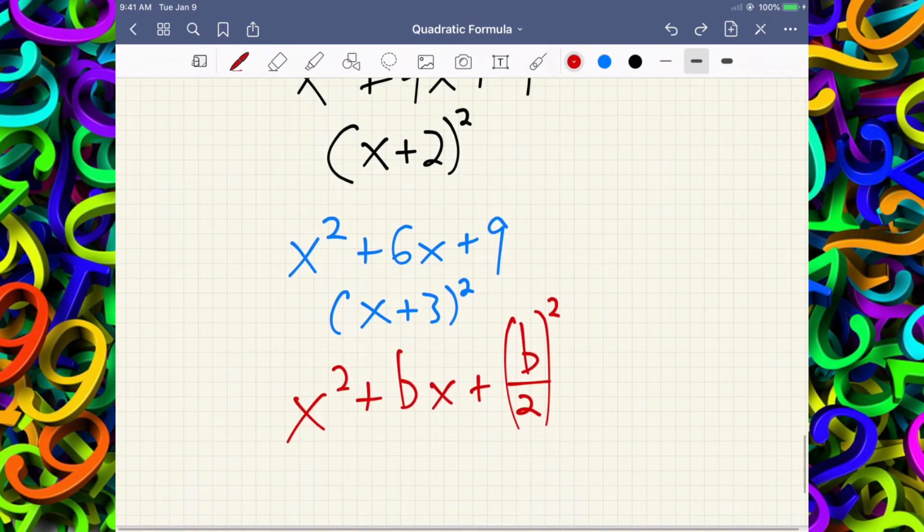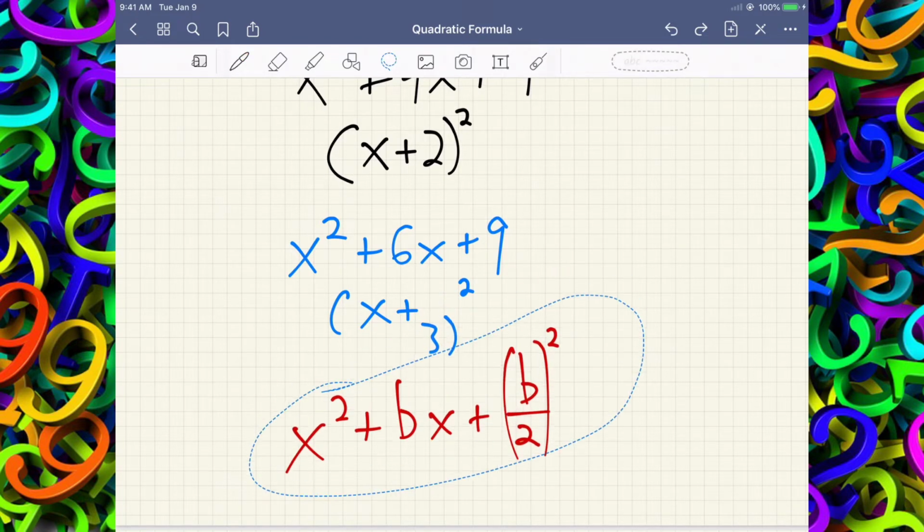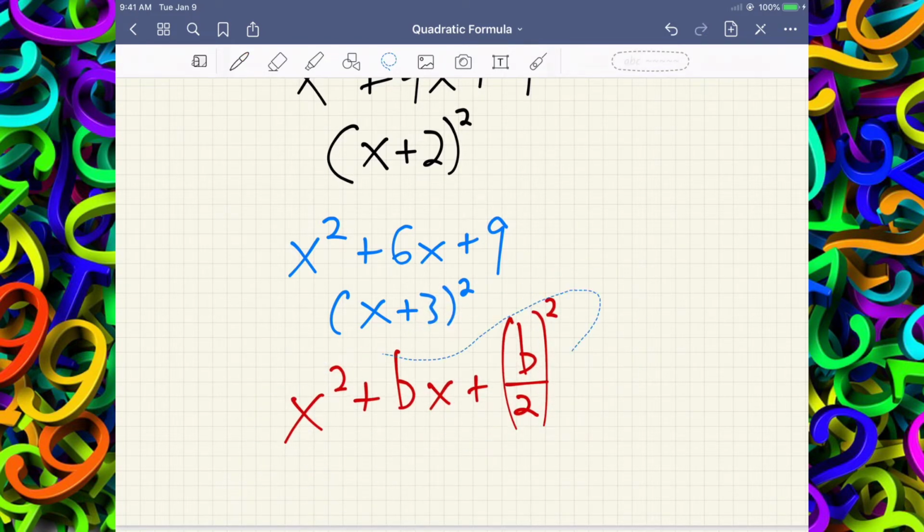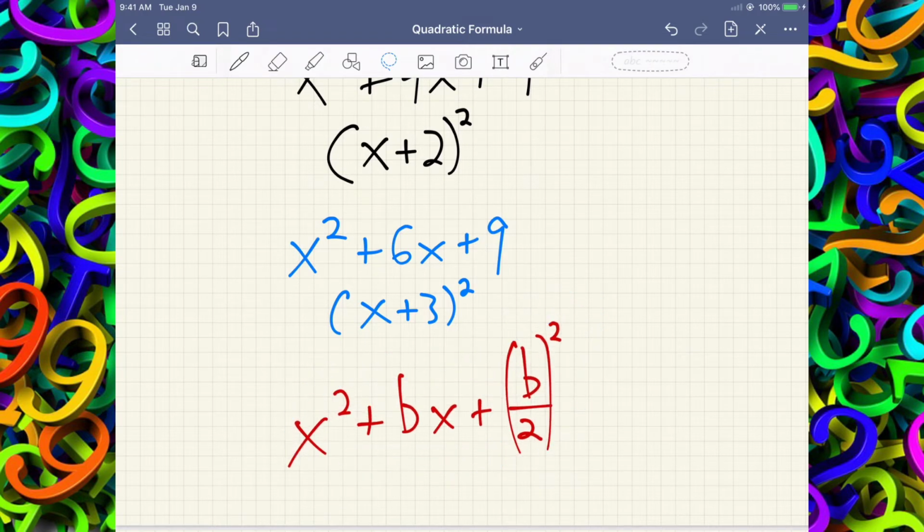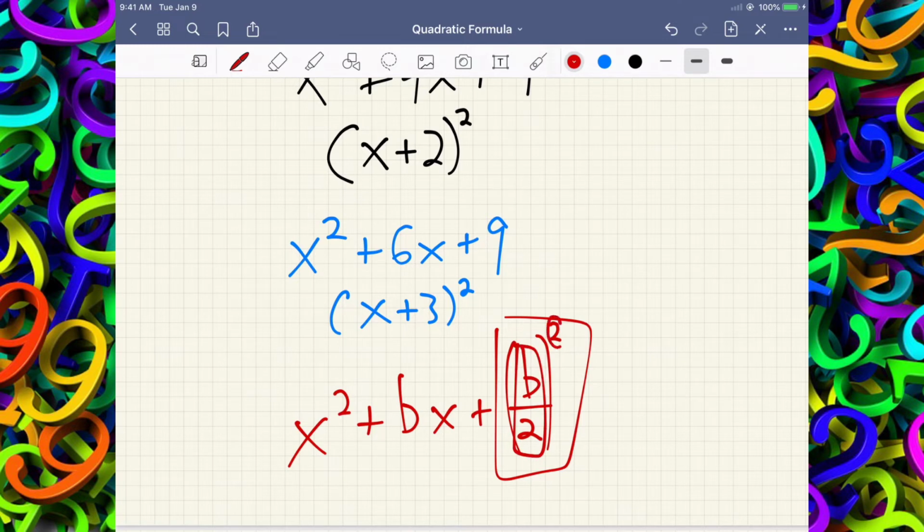So in red here, we have that pattern, right? So we know that we are factoring a perfect square trinomial when we see something that looks like this, when a is 1, b is some number, but the constant is half of b squared, right? So let's look at these examples again.